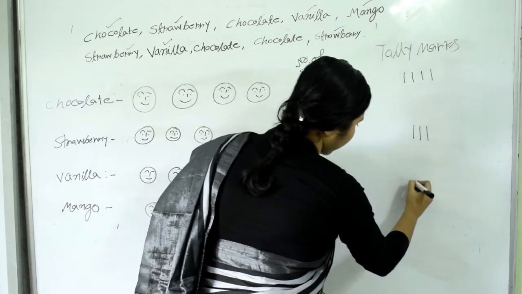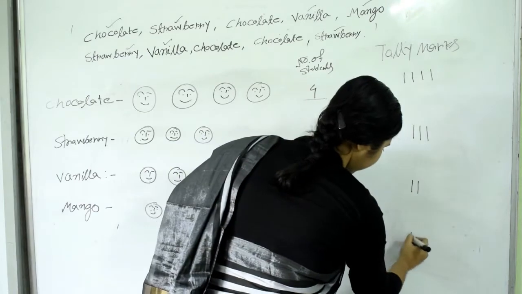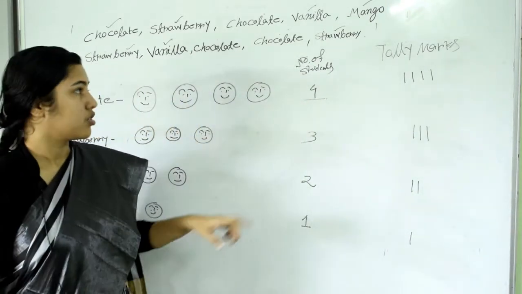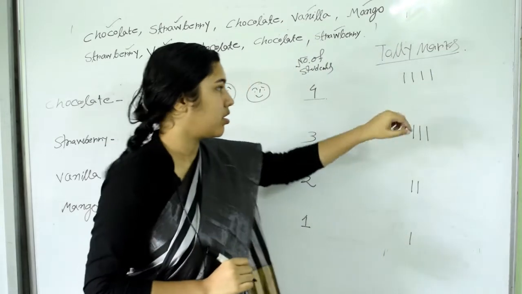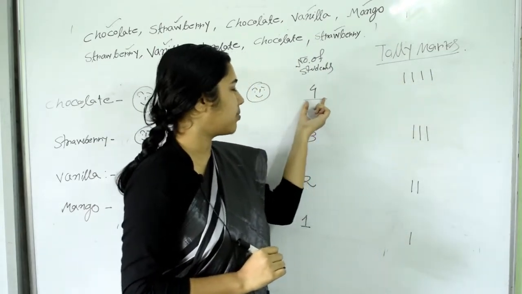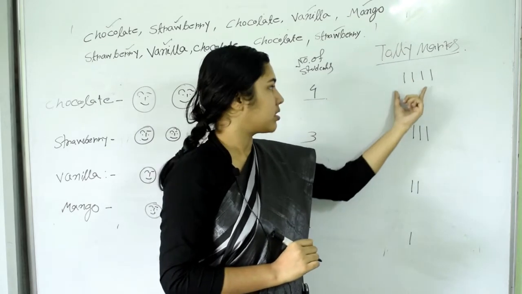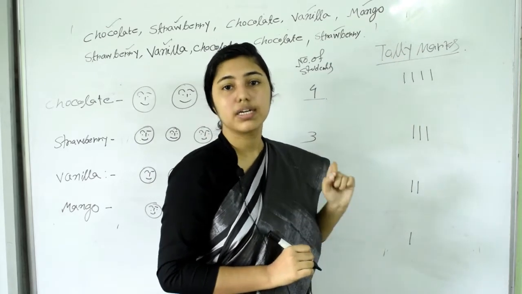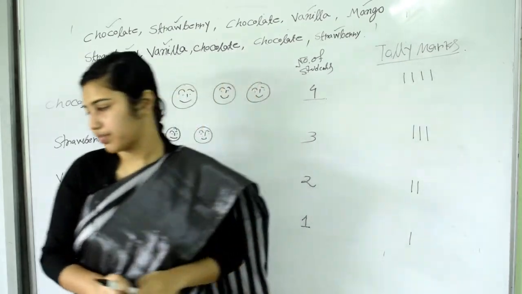Number 2 represent as 2 bars and number 1 by 1 bar. So if we represent numbers by these bars, then these bars are known as tally marks. What? Tally marks.